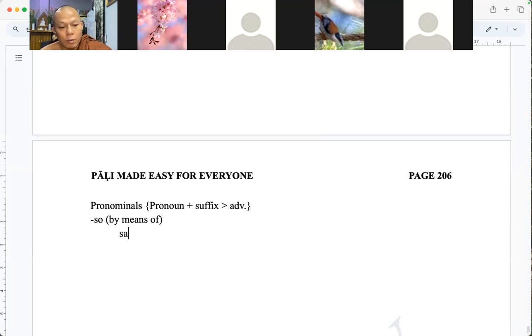So now sabba is a pronoun, sabba means all, and is so. So we have the sabba so. So sabba so literally means by means of all, that means all together.